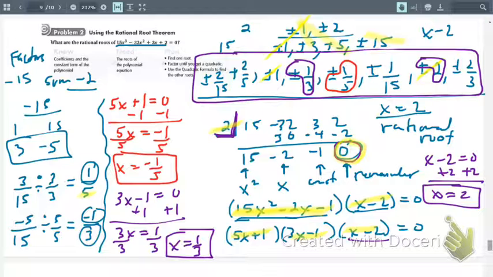Okay. Then we took the polynomial and we factored it. So this polynomial here was a quadratic. We then wrote the quadratic in factored form, and then we set each of these factors equal to 0 and ultimately solved for all of our rational roots.